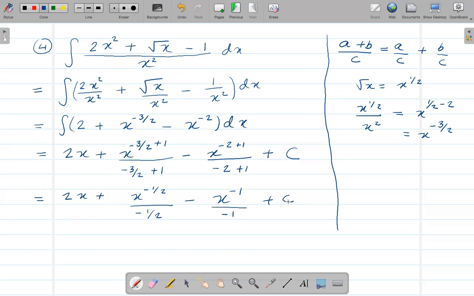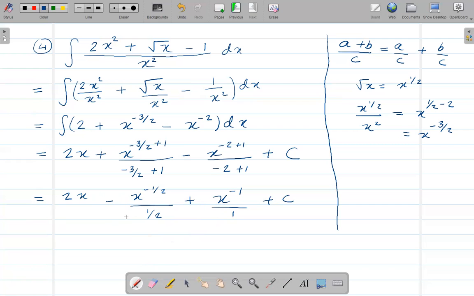Now, this negative, negative, negative, we can write as positive, and this positive, this negative, we can write as negative. This negative, so this will be positive, right?